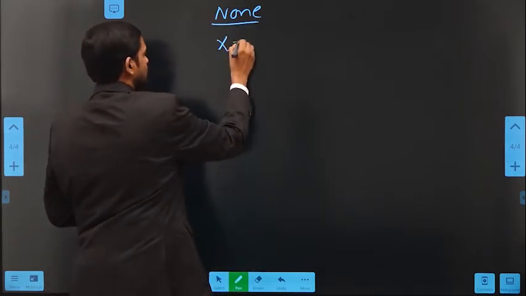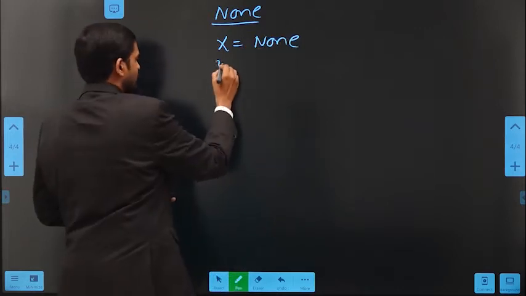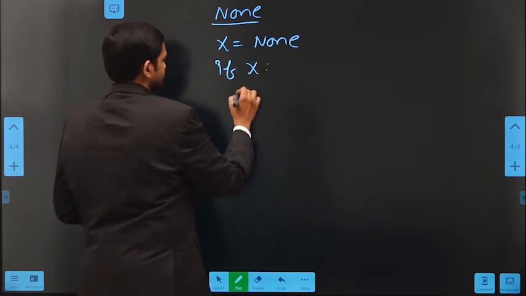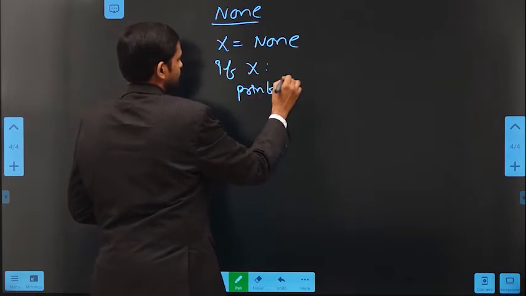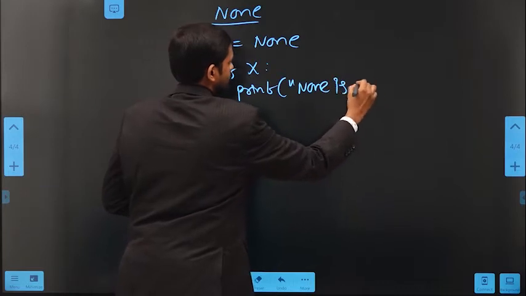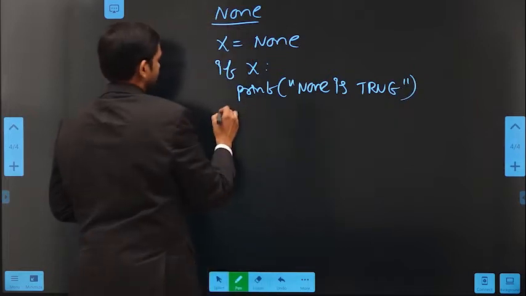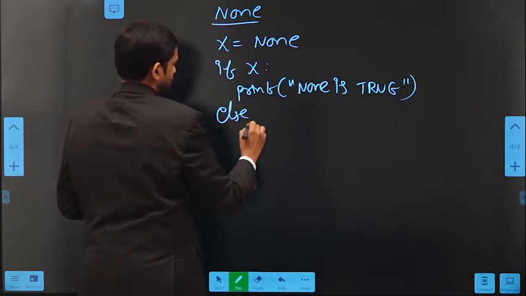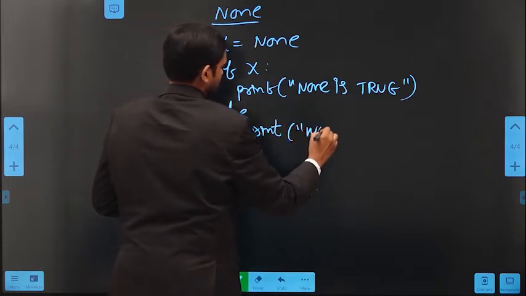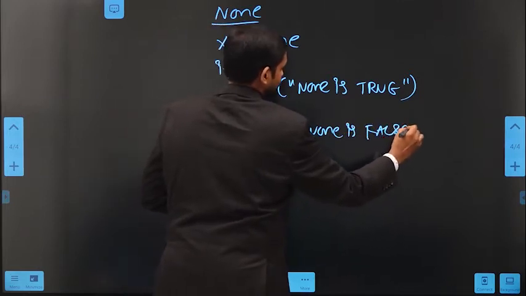X equal to None, if X, print None is true, else print None is false.